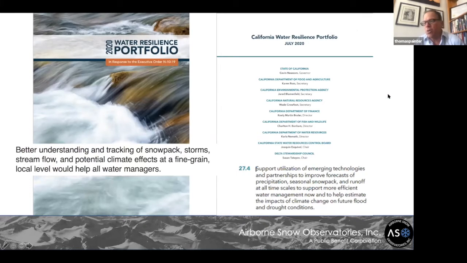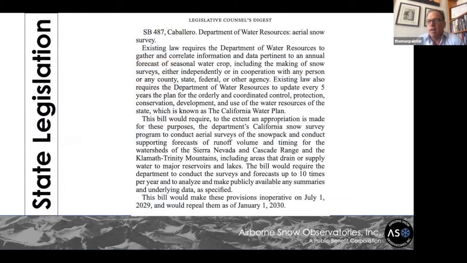So ASO is expressed, not explicitly, but as emerging technologies in the 2020 water resilience portfolio. Likewise, here's Senate Bill 487 from Senator Caballero, which looks to be headed back to life this year, hopefully for implementation next year.